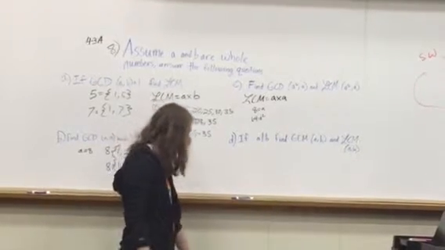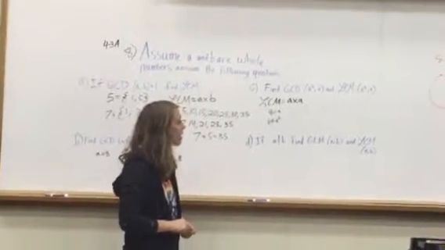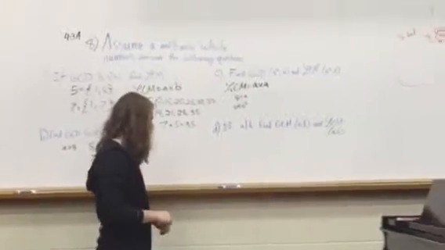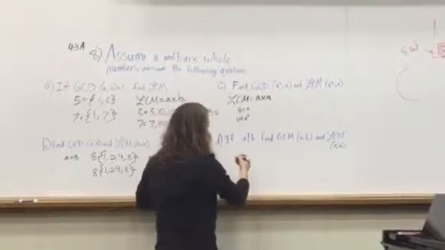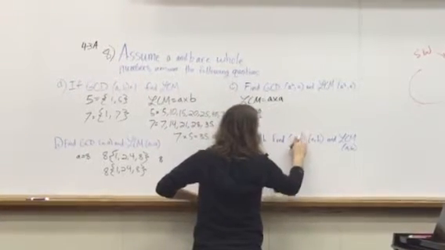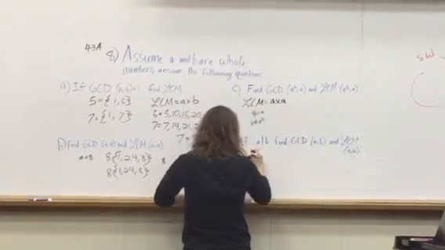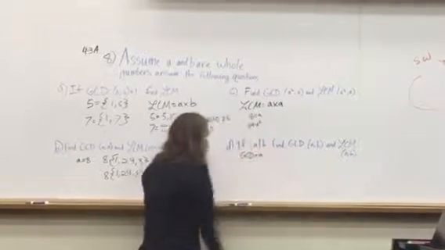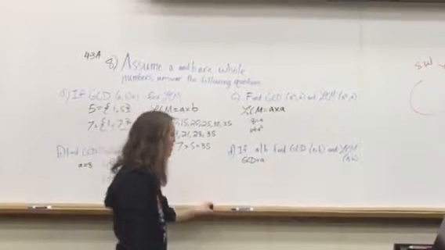We're going to move on to D. If A divides B, find the greatest common divisor of A and B, and the least common multiple of A and B. So we're going to start out. Our greatest common divisor, in this case, happens to be A. Let's take an example to look a little further into this.